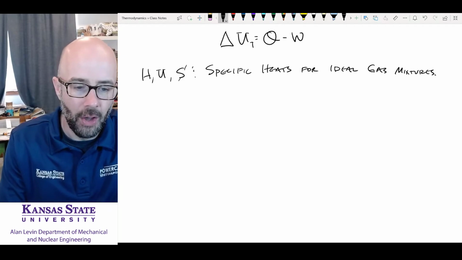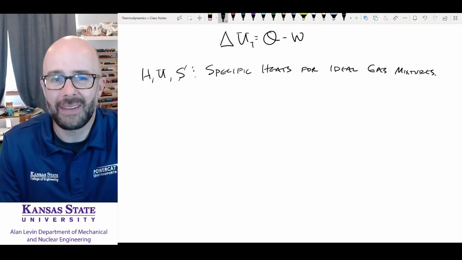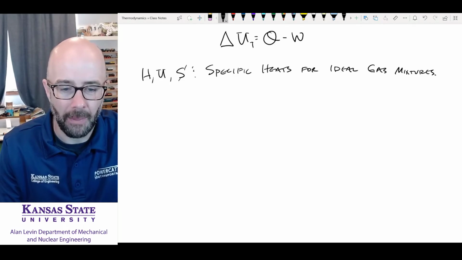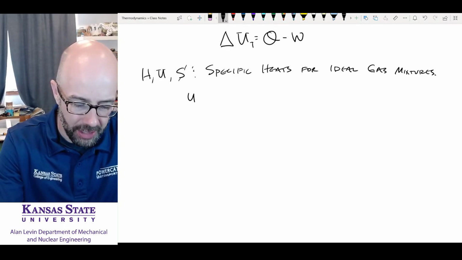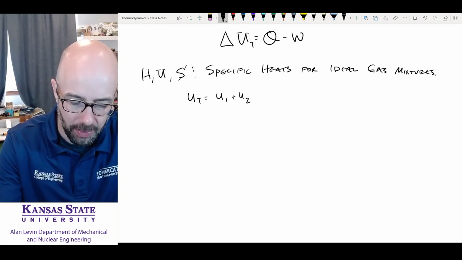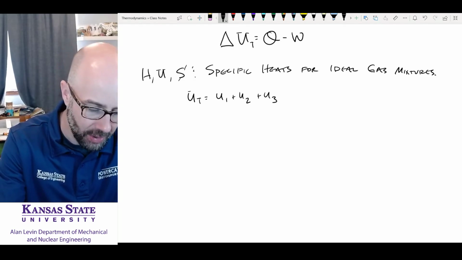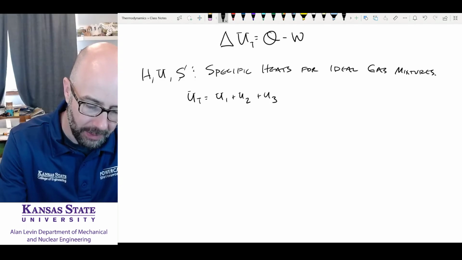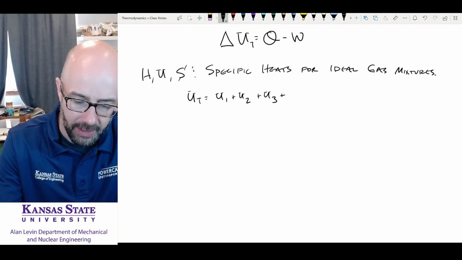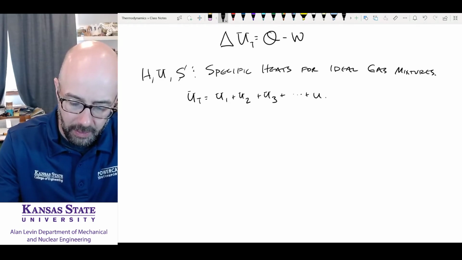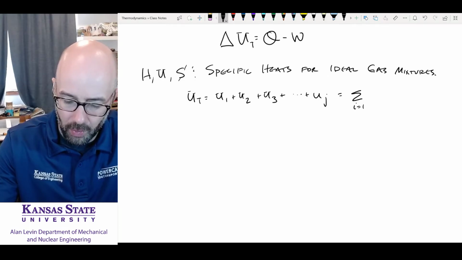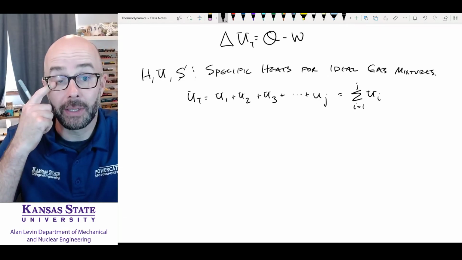Okay, so for any system we can work on this. We might say that the total internal energy is equal to the internal energy of substance 1 plus the internal energy of substance 2 plus the internal energy of substance 3, and I should make sure these are the big U's, plus dot dot dot, plus the internal energy of substance J. So we just add up from i equals 1 to J the internal energies of every component.